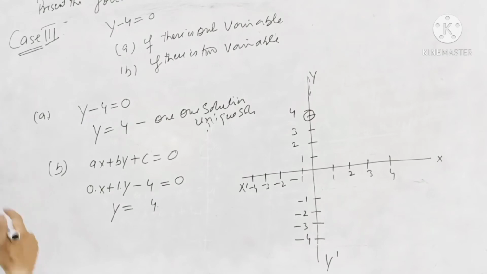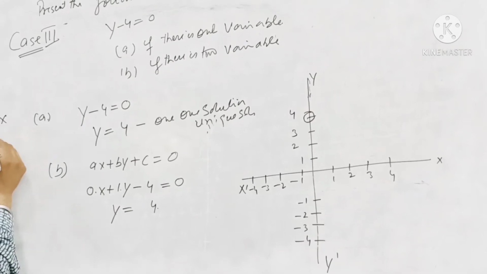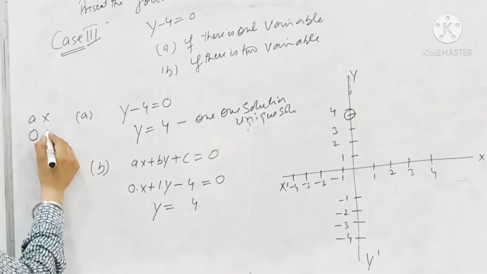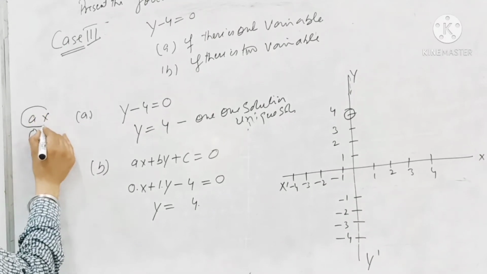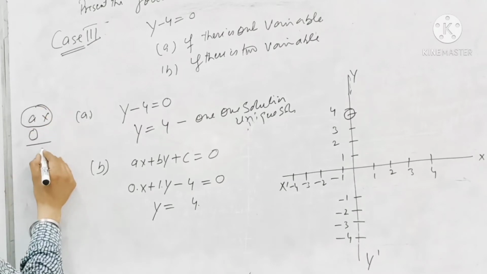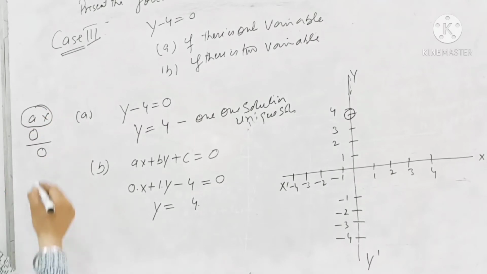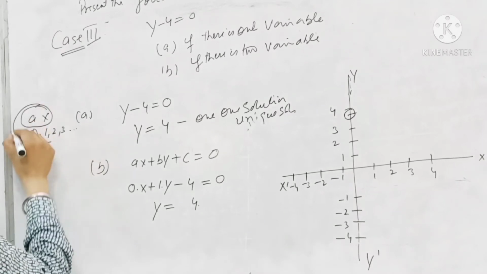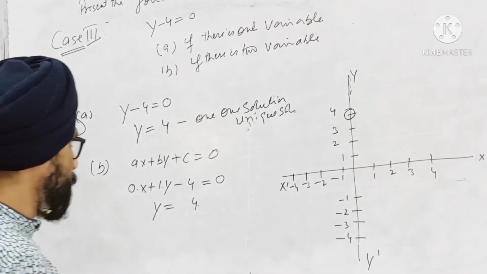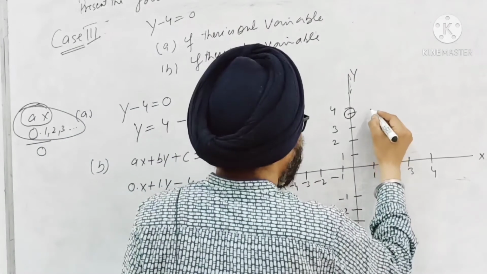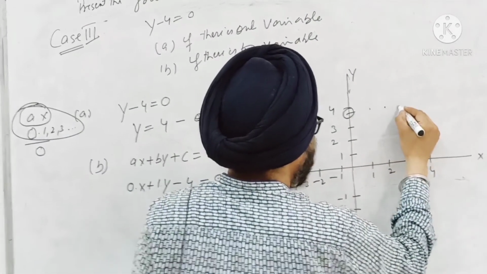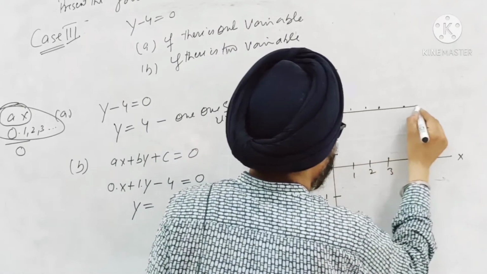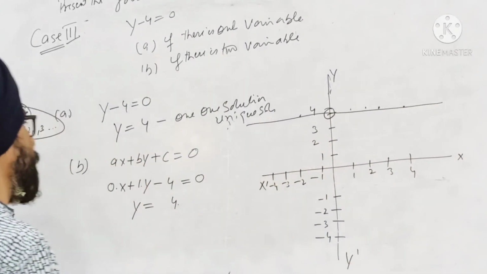The value of a is 0, but x is not given, and the solution after multiplying by a is 0. Maybe x is 1, maybe 2, maybe 3, or an infinite value, we don't know. Maybe x is 4, maybe x is minus 1. It means it will become a straight line.